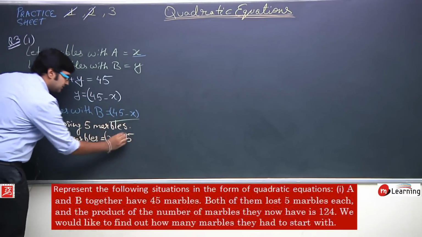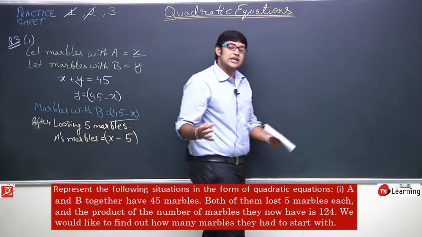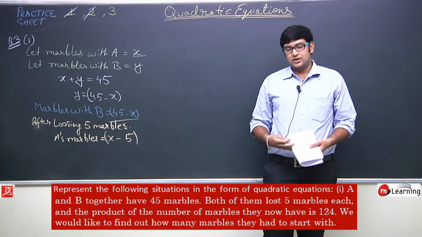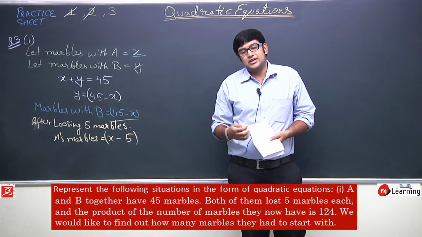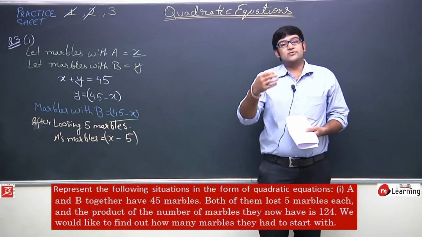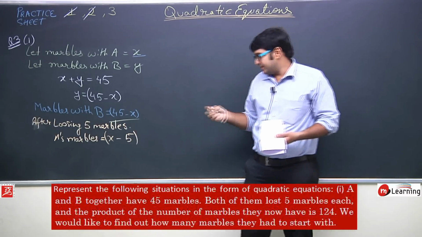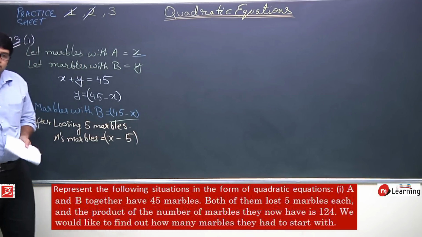Simple, because A lost 5 marbles. For example, if you have 10 toffees and you eat 2, how many are you left with? You will be left with 10 minus 2. Similarly, A is left with x minus 5 marbles.